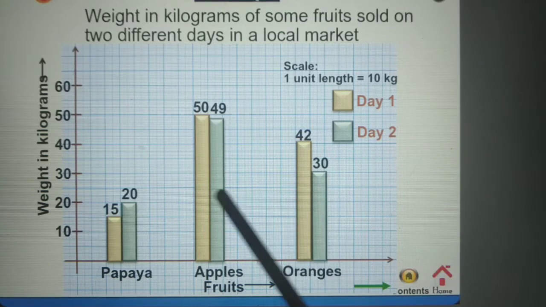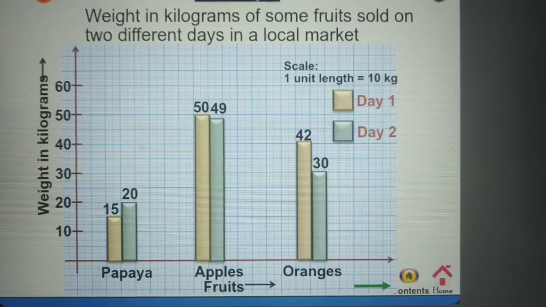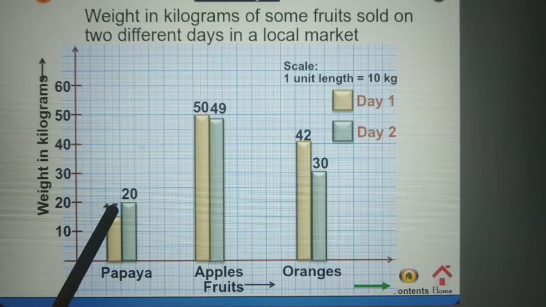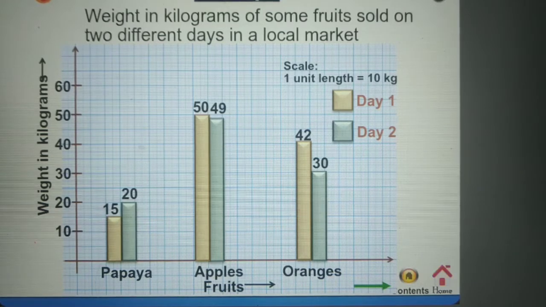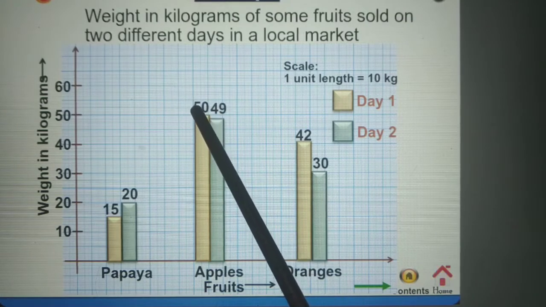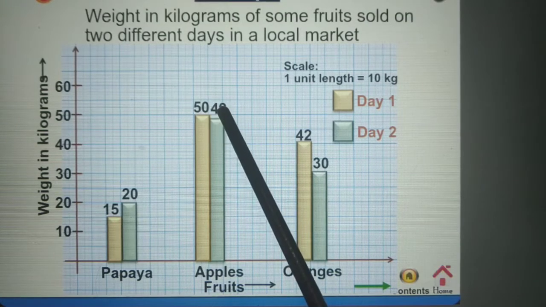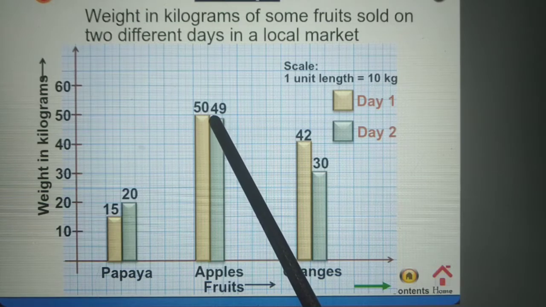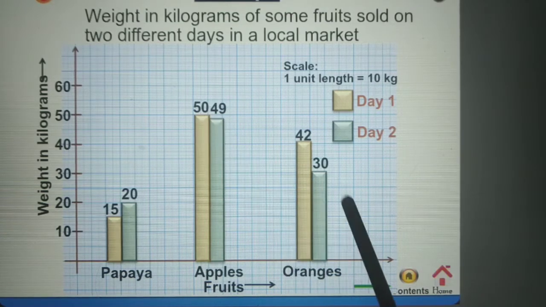Now here, for papaya on the first day, how much was sold? It is 15 kg. And on the second day, it is 20 kg. For the apples, on the first day, the sale of apple is 50 kg and the sale of apple on the second day is 49 kg.